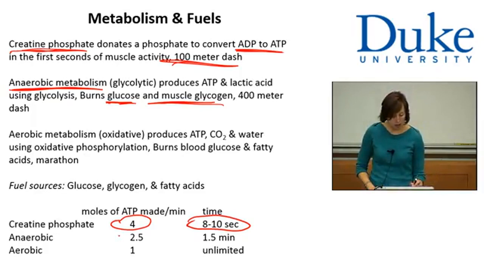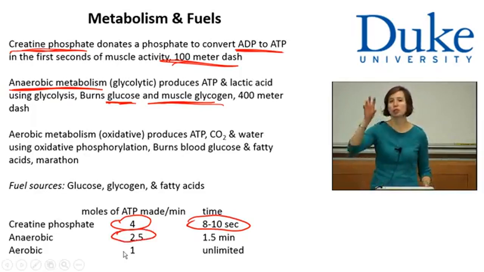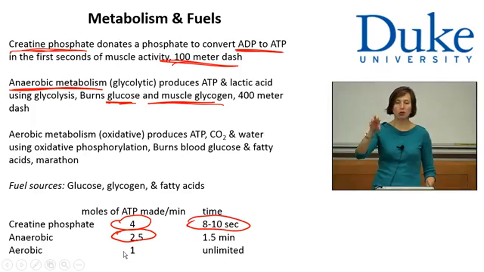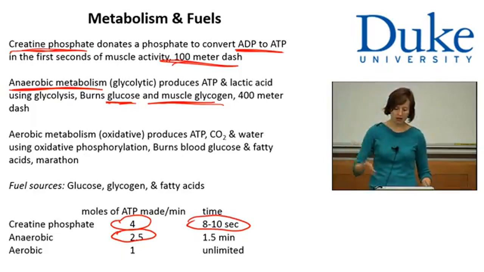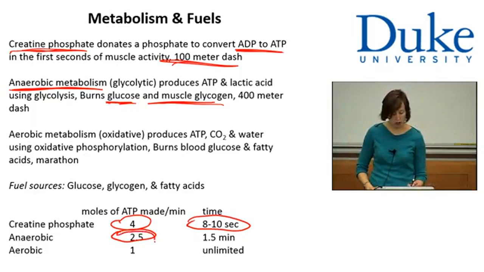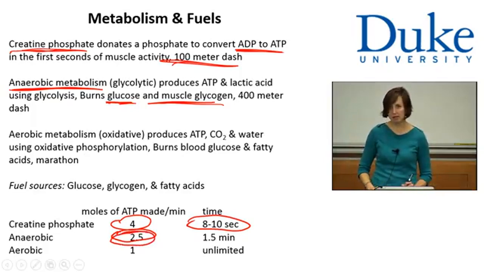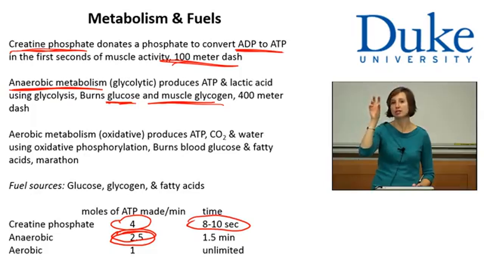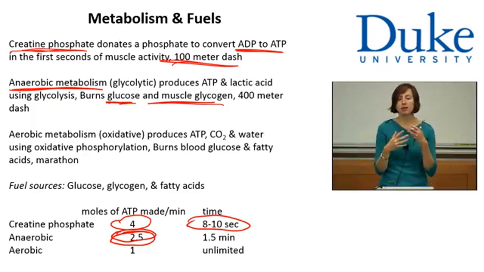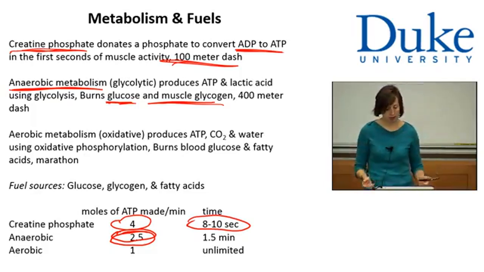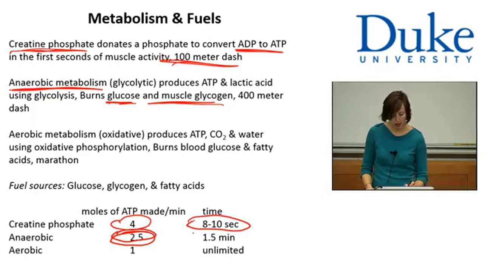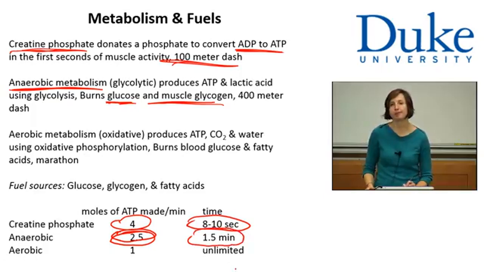It's pretty efficient because you're just using one pathway, or I should say it produces a lot of ATP per minute. So it's 2.5 moles of ATP per minute versus creatine phosphate was 4. However, there's going to be a limit to how long that process can go on, and so it will last for roughly the first 1.5 minutes of vigorous exercise.